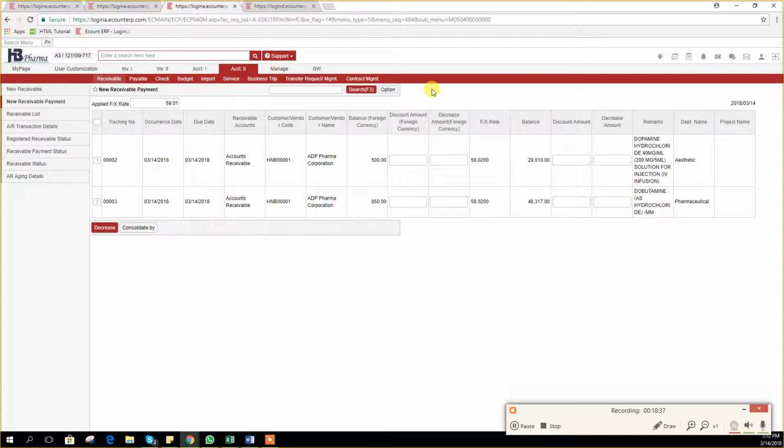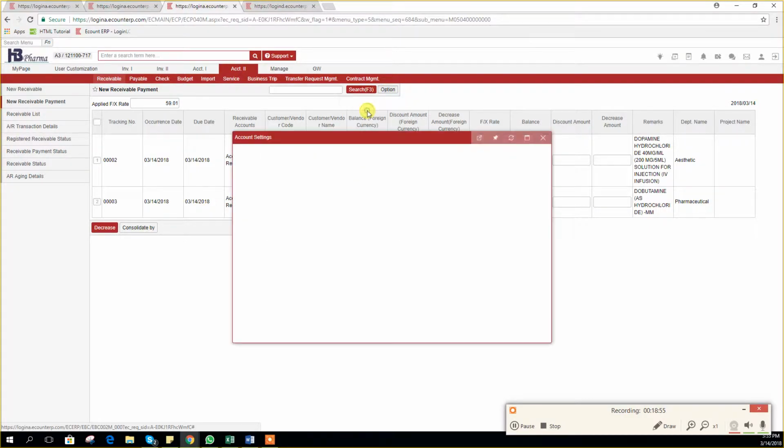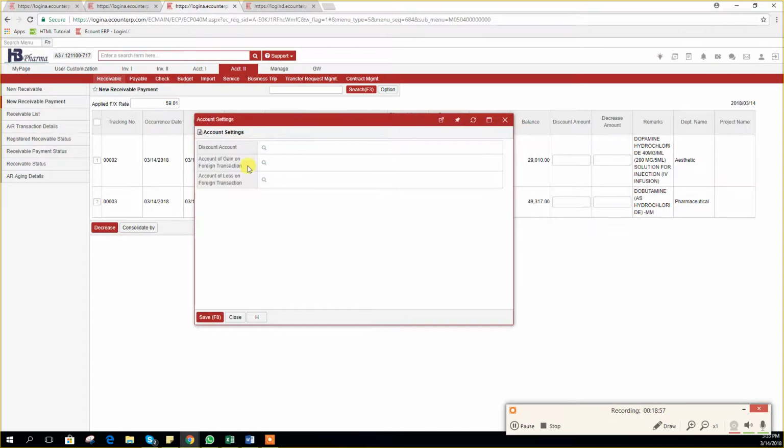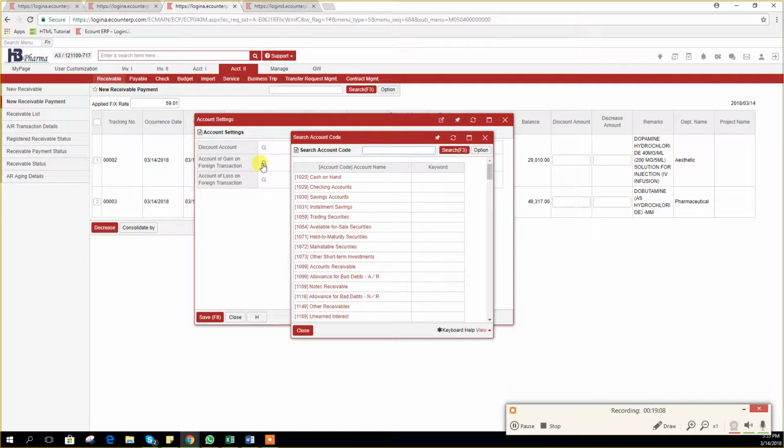So how does the system know which account it goes to? How do we tell the system which account it needs to go to? If you do not set this up, it does not know where to go. So you need to select the default one.